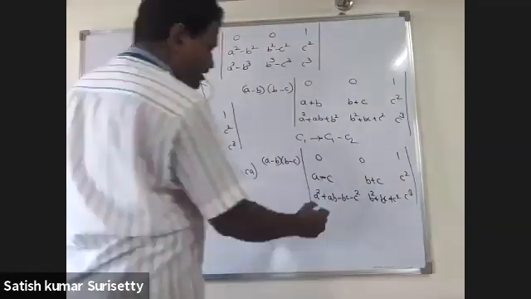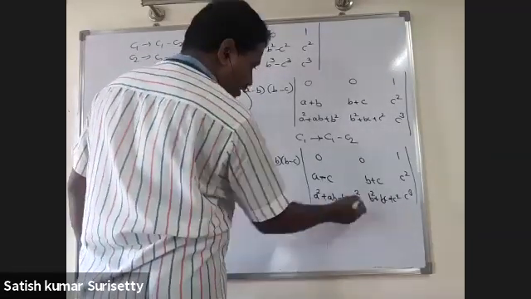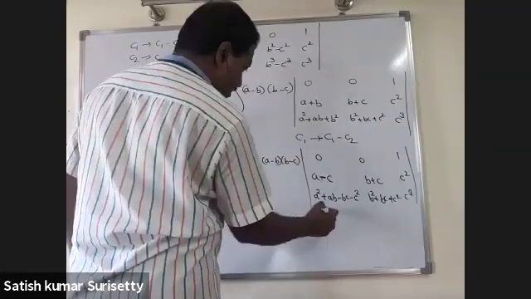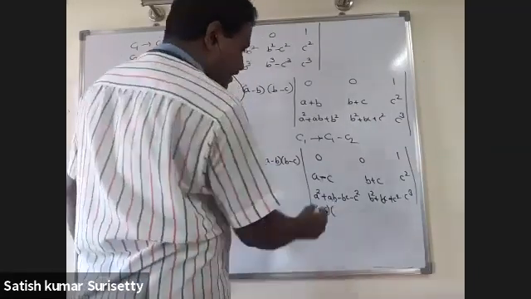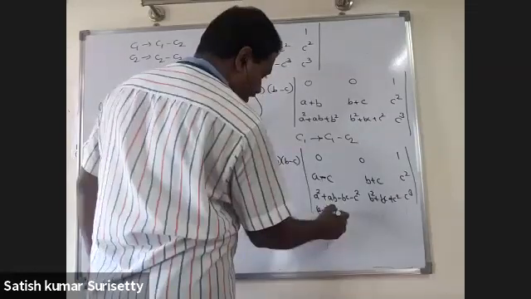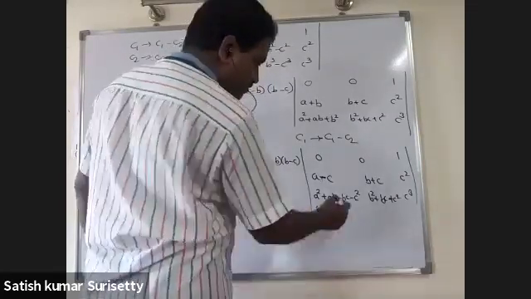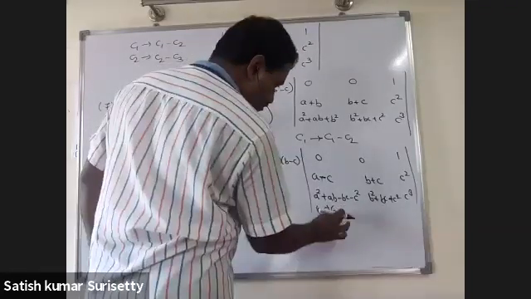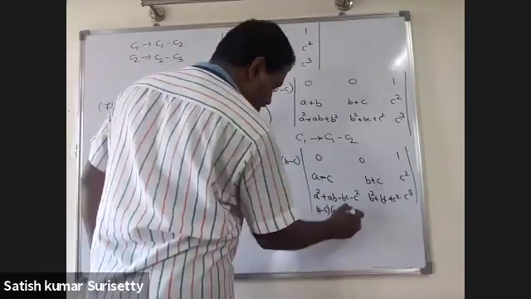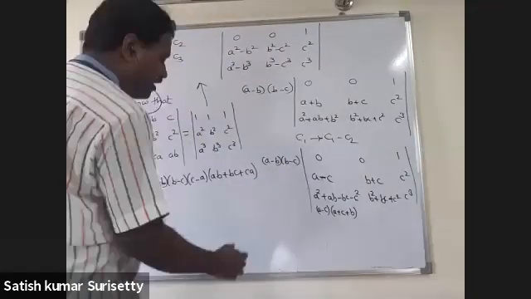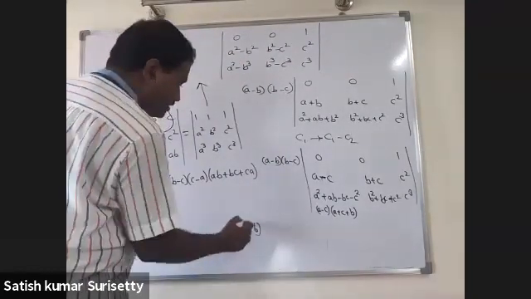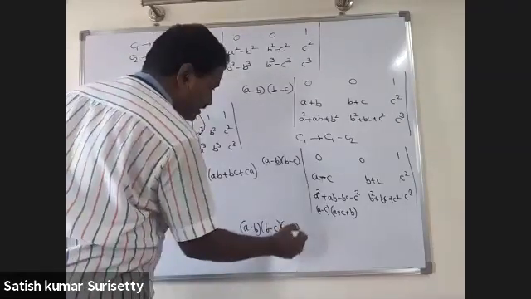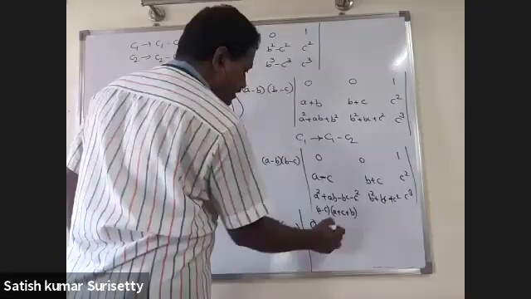Now this you can factorize. A square minus C square, B into A minus C. That means A minus C is common. So when you take A minus C common, then A plus C plus B. That means you can take outside A minus B, B minus C, A minus C. Determinant of 0, 0, 1.